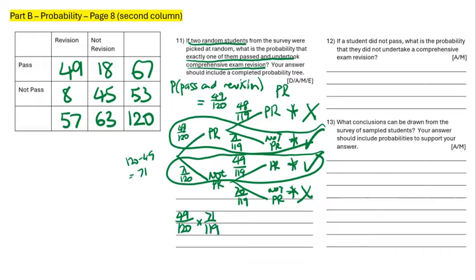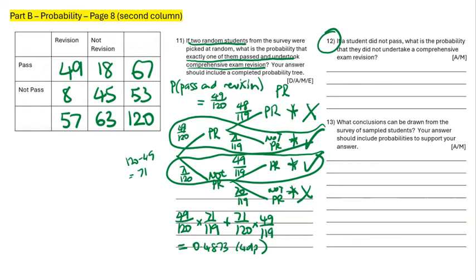So that's my first branch there. I'm now going to add on my second branch. That's 71 over 120 times by 49 over 119. So it's a bit messy, but we're going to add both of those fractions there. You're going to plug it straight into your calculator would be my advice. And when I did that, I got 0.4873, and that there had a 4dp rounding.